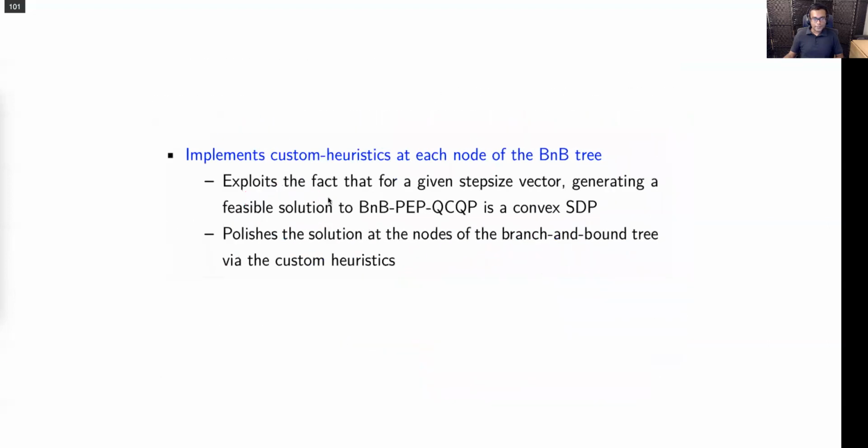Okay, so the other thing that we do is implement a custom heuristic at each node of the branch and bound. It exploits the fact that for a given step size vector, generating a feasible solution of the BnB-PEP QCQP is a convex problem, right?